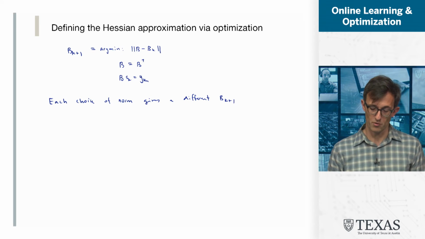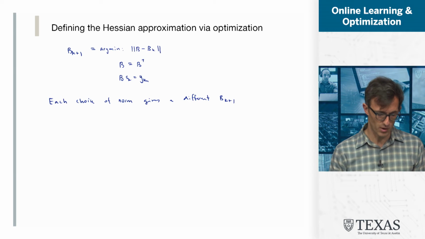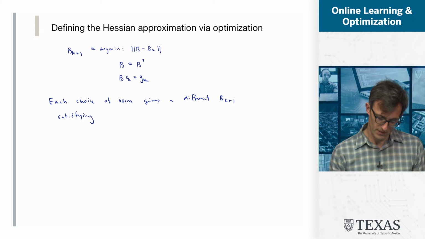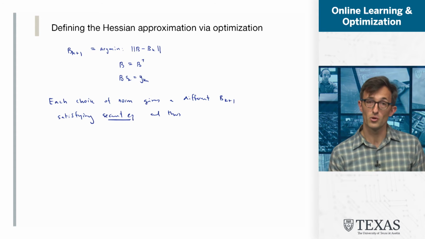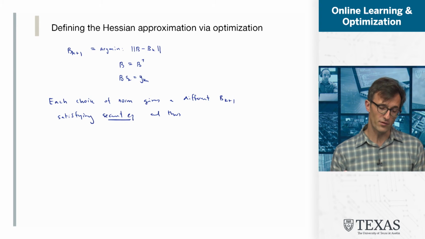So each choice of norm gives a different B_{k+1} satisfying the important secant equation, and thus a different choice of norm specifies a different quasi-Newton method.